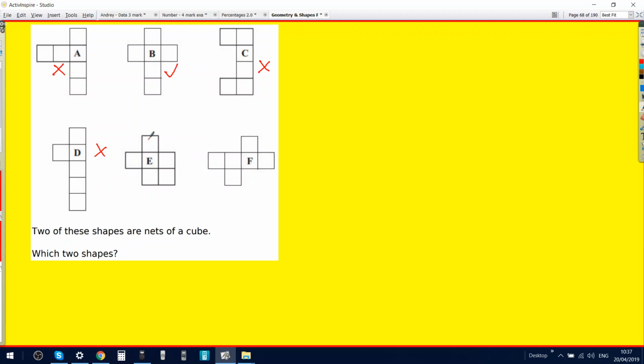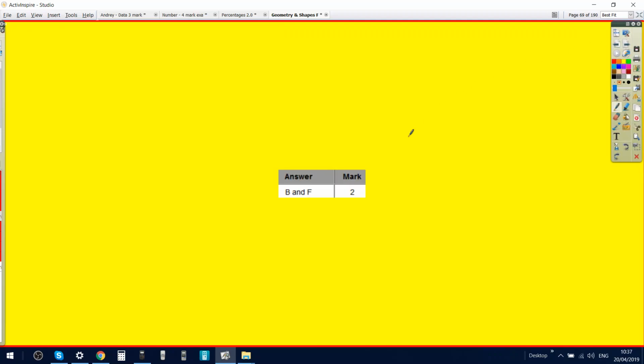So I think the problem here is this diagonal one. When those 2 fold, it kind of goes into itself. So it's F. I think F works. Yeah, so sometimes you'll get 2 things on the top or a missing side and stuff. Any questions there? No. Okay. It's B and F, yeah.